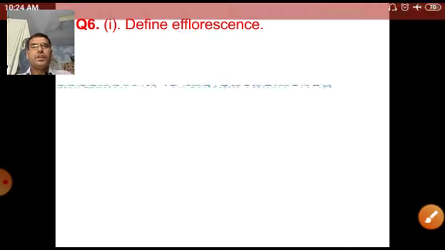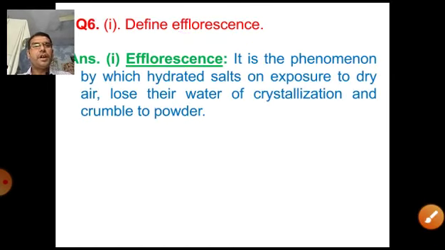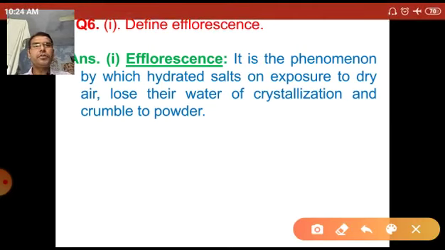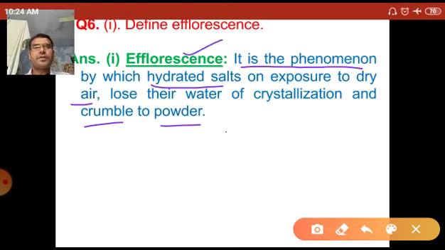Efflorescence is a phenomenon by which a hydrated salt, when exposed to dry air, loses its water of crystallization and crumbles to powder. That phenomenon, the losing of water to dry air by a hydrated salt exposed to the atmosphere, is called efflorescence.